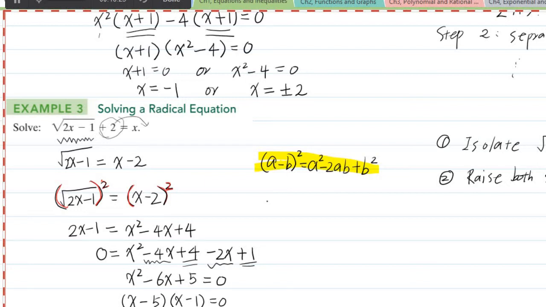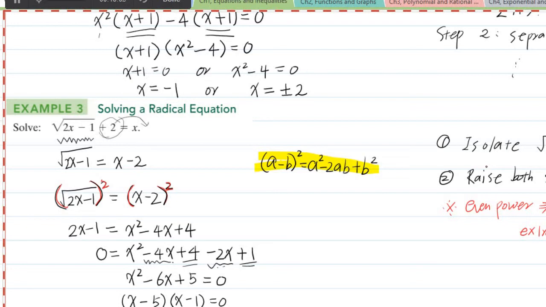Anytime you have to raise both sides of the equation to an even power, you must check your solution. Let's just write this term now, check. This is called an extraneous solution. You must check this.